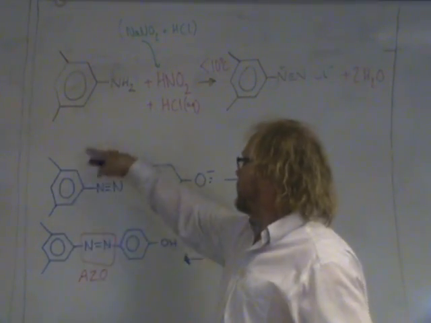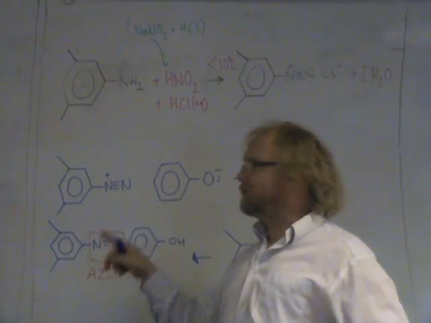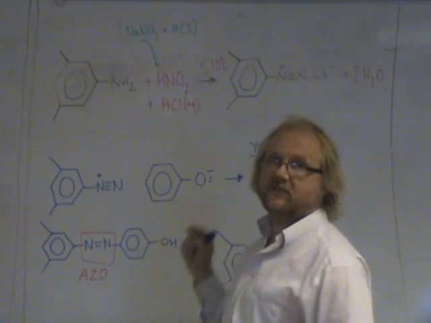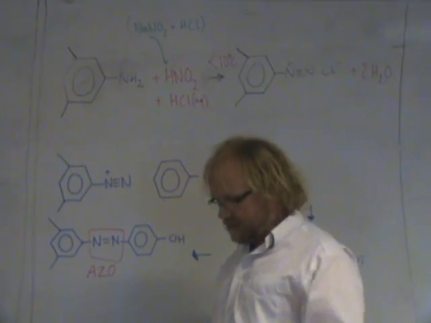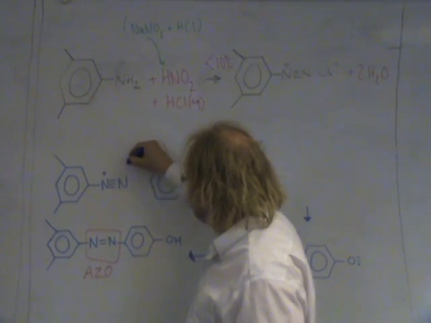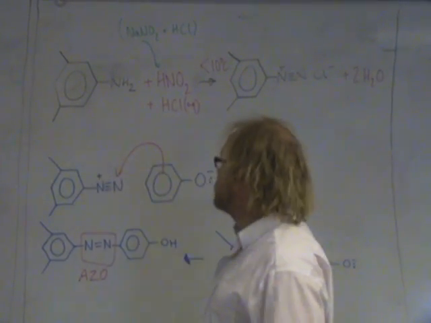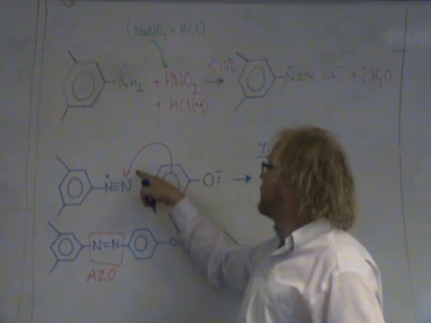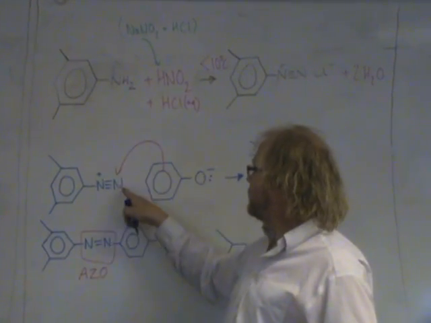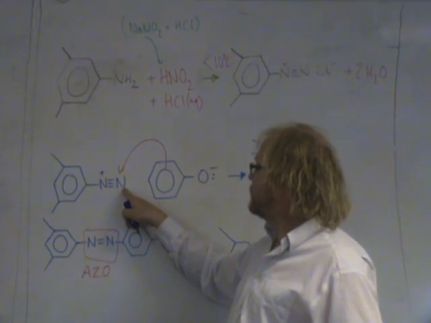This is the electrophile, the phenyl diazonium ion. Remember, the positive charge is the key because that makes it attractive to the pi electrons in this ring. And the key step then is that a pair of those pi electrons leaps out and attacks that nitrogen. Okay, so its curly arrow means 2 pi electrons, a pair of pi electrons moving out from there and being grabbed by that nitrogen.